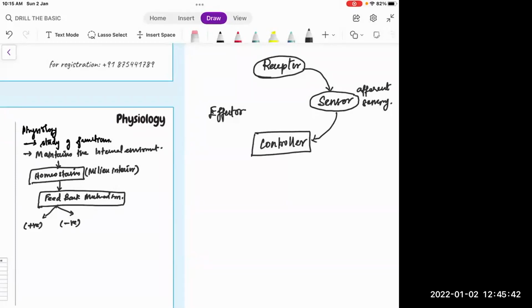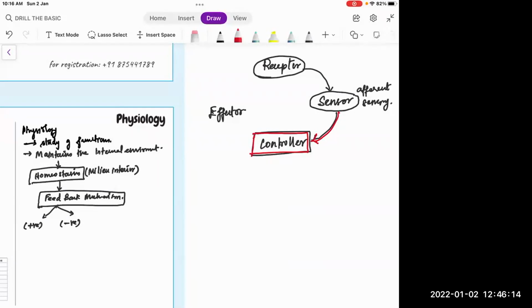As the name suggests, the controller is the one which is going to analyze the signal given by the sensor. For example, if it is normal, it will maintain the function as it is. If there is any secretion of a chemical which is in excess, more than the required level, then the controller will try to reduce that specific chemical.